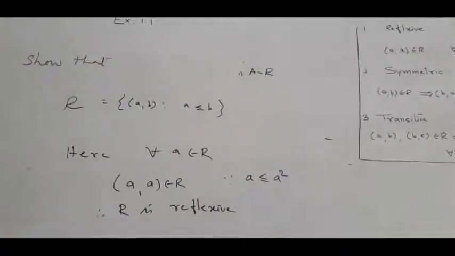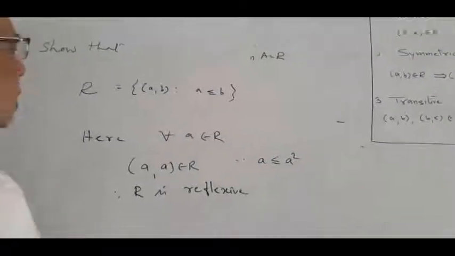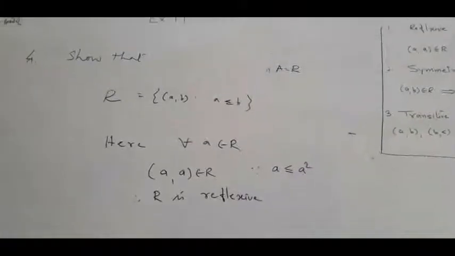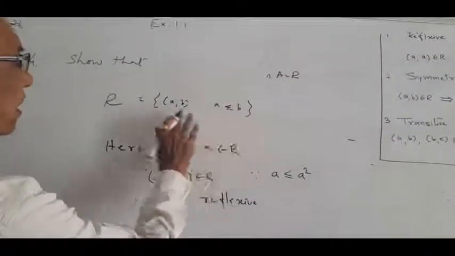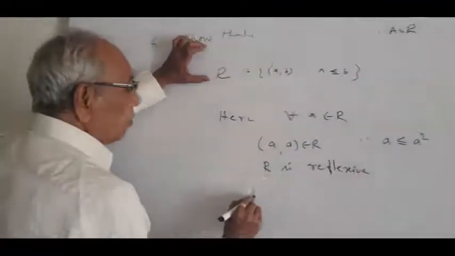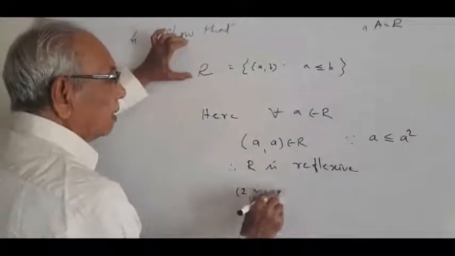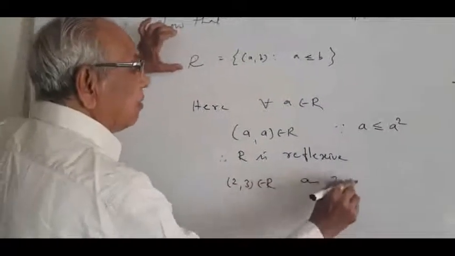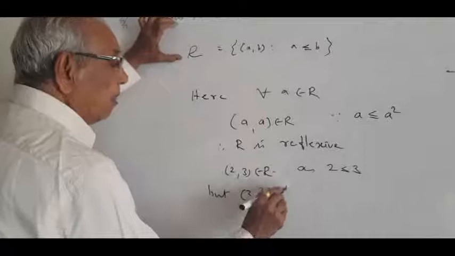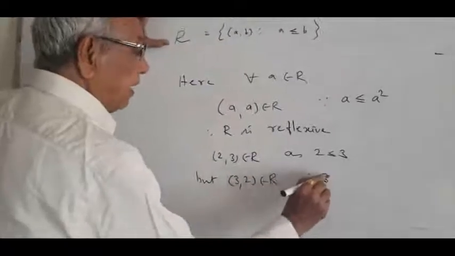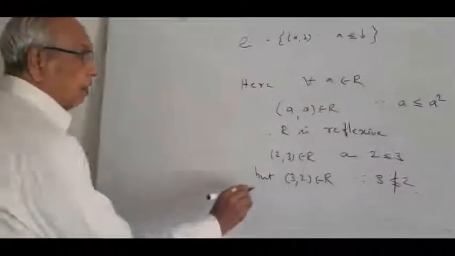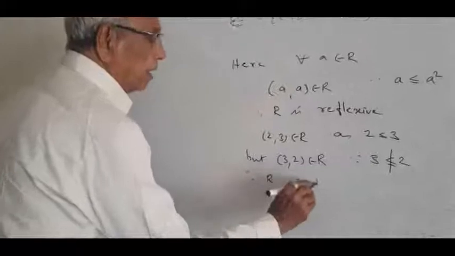Now, to show this relation is not symmetric, take the ordered pair (2, 3). It belongs to R, as 2 is less than or equal to 3. But (3, 2) does not belong to R, because 3 is less than or equal to 2 is not true. Therefore, R is not symmetric.